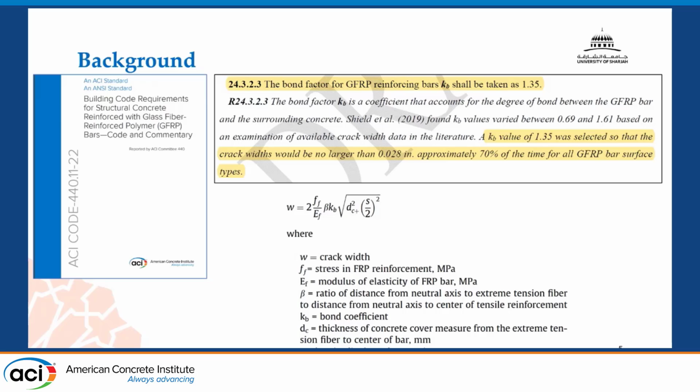As part of her background information, I see that she has listed the new 440 code, 440.11, and she's quoting from a section of the code where the bond factor is defined, in this case taken as 1.35, with the explanation that comes from this document.